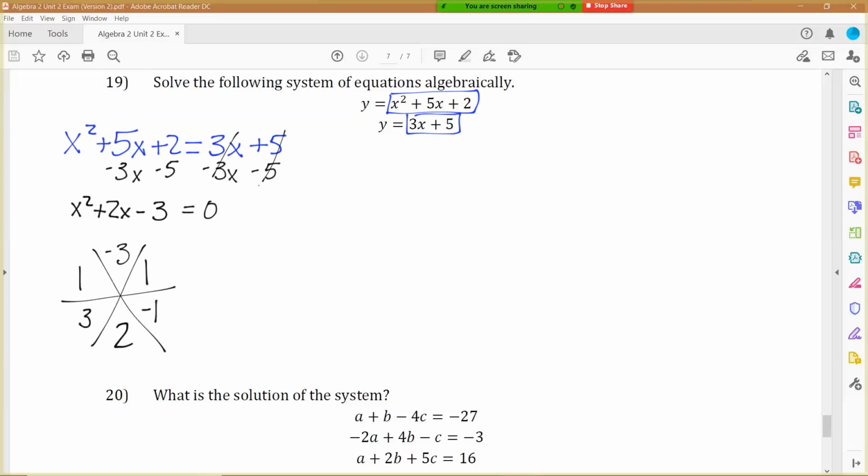3 and -1 is correct. Those two numbers multiply to give me -3 and add to give me 2. So then I'm going to look at my two fractions. Neither one reduces. So now I have factors of x plus 3 and x minus 1.